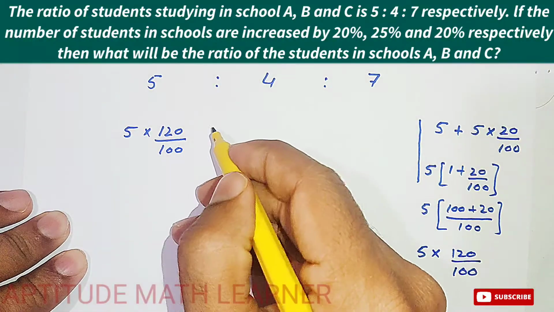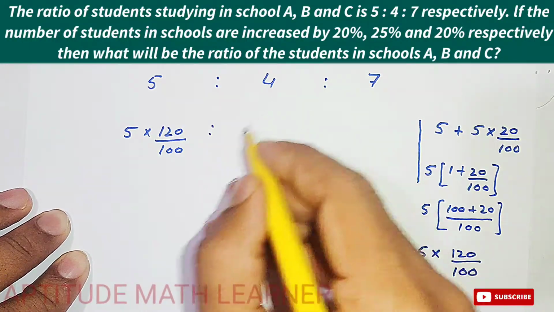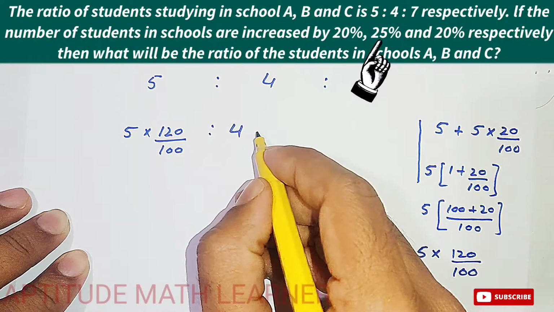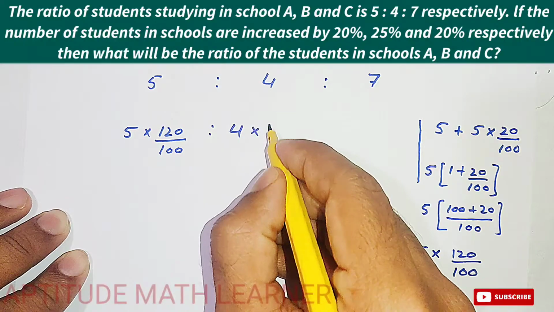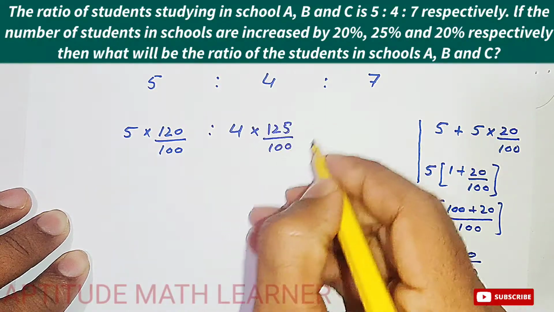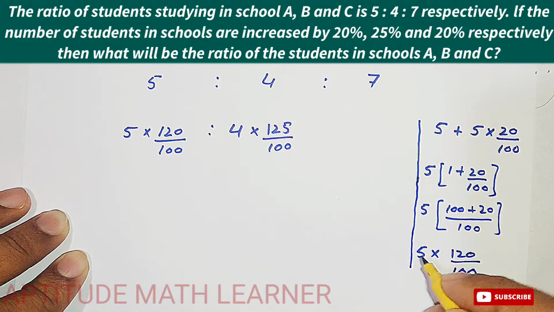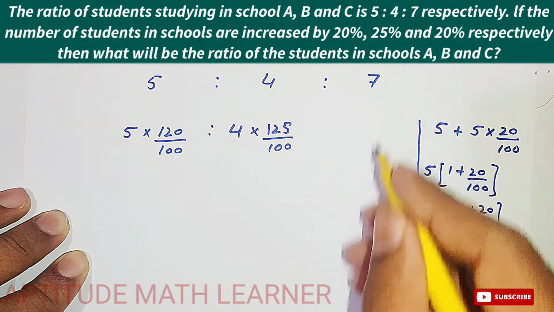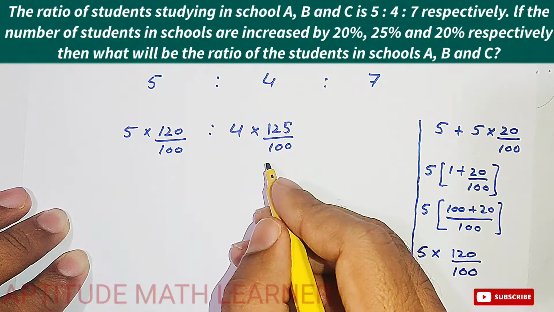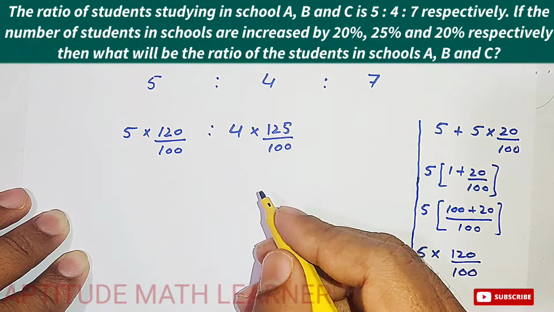And for school B the ratio is 4, and it is increased by 25%, so we do 125 upon 100. This also came by the same method. It is a very fast shortcut method, and it saves a lot of time for you.